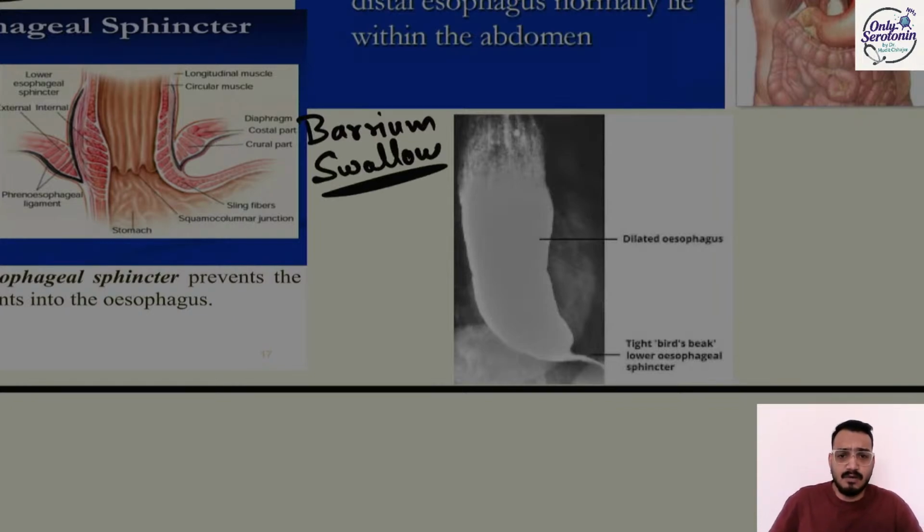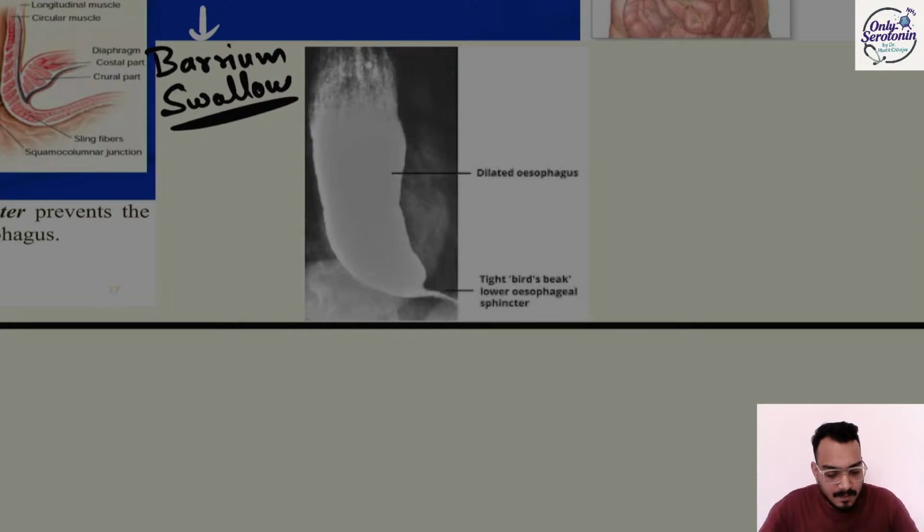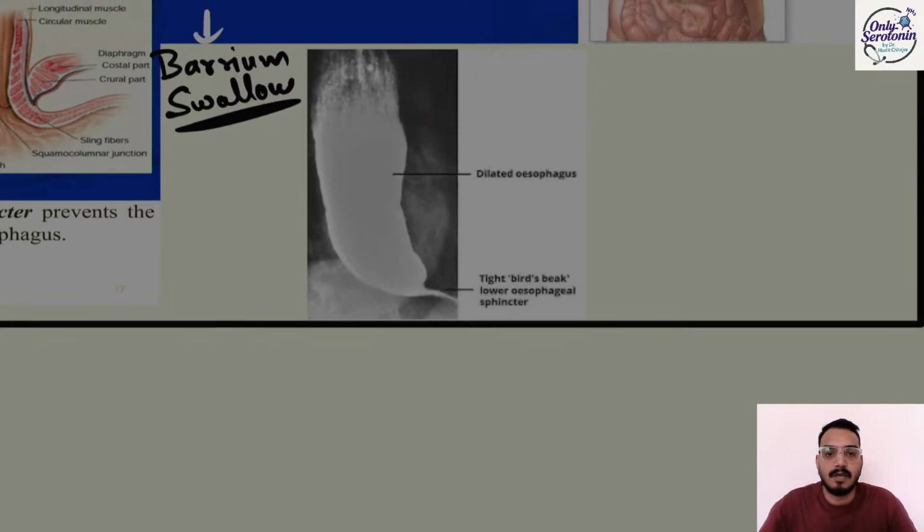In barium swallow, you make the patient drink some radioactive material which is made up of barium, and you make the patient sit in front of the CT machine. When the patient drinks the barium in the CT machine, you can see how the barium travels down the esophagus.